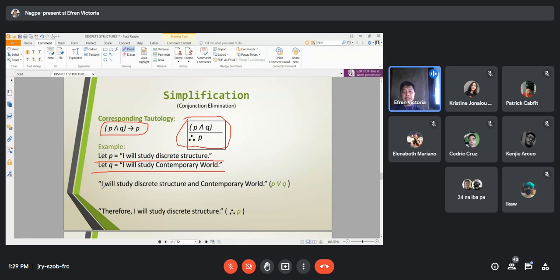I will study discrete structure and contemporary world. Therefore, I will study discrete structure, yung conclusion natin na P. Okay?